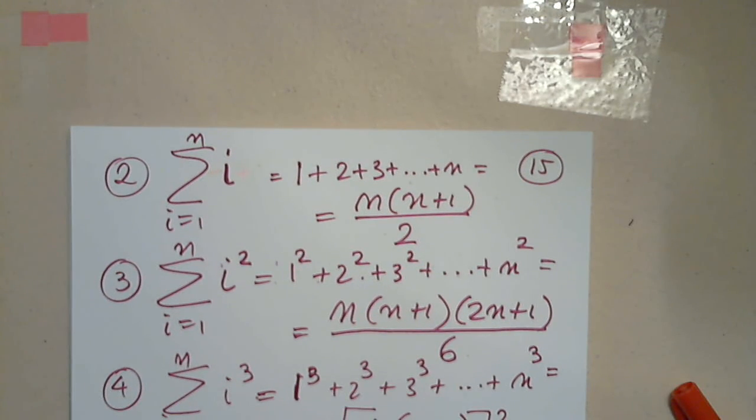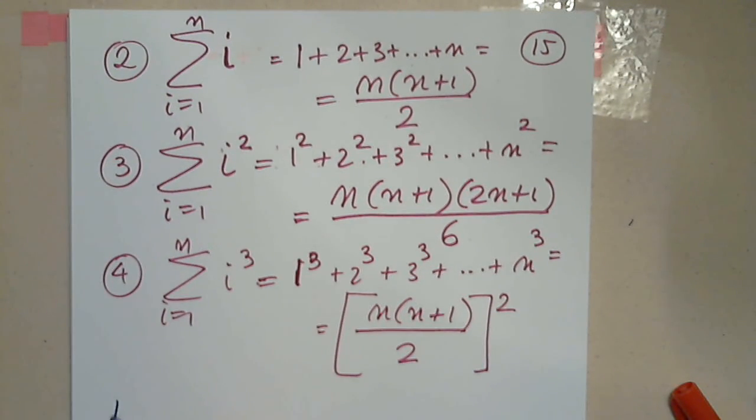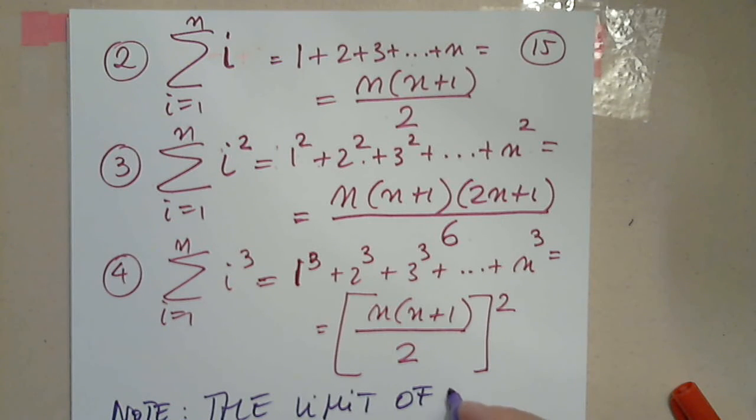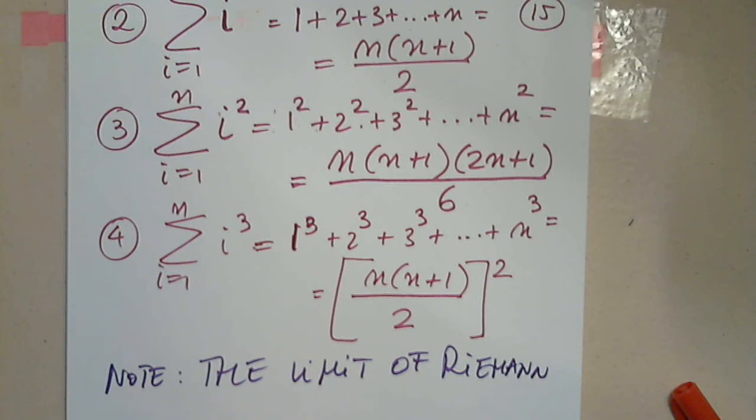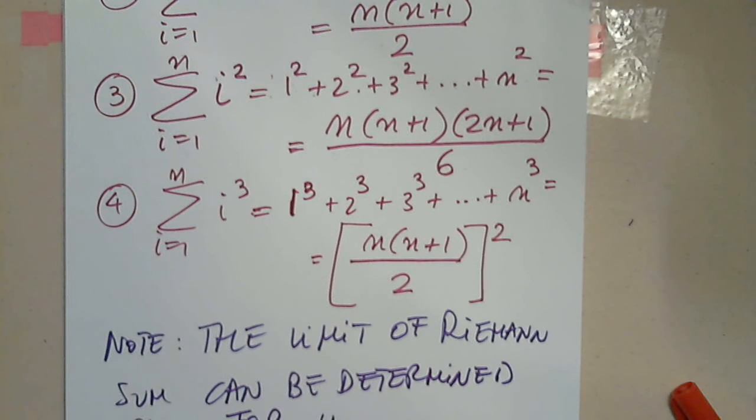So here's a note. The limit of the Riemann sum, which is the area under the graph, can be determined only for linear, quadratic, and cubic functions.